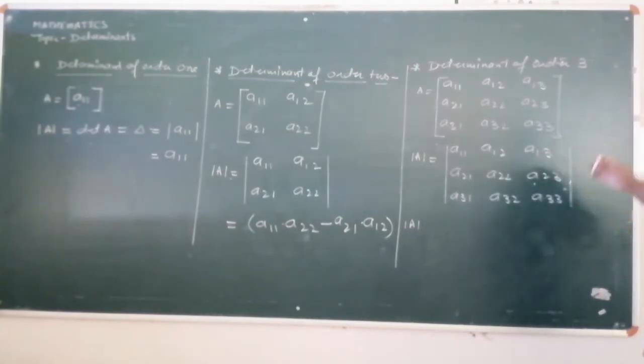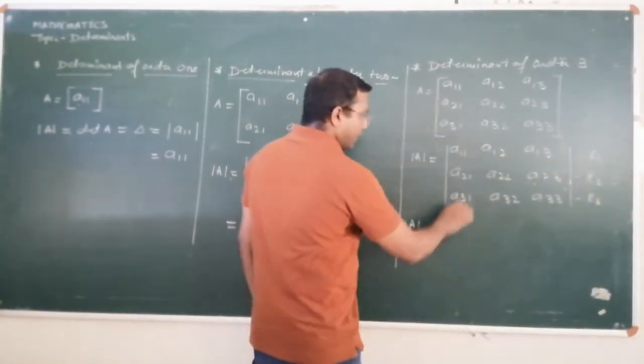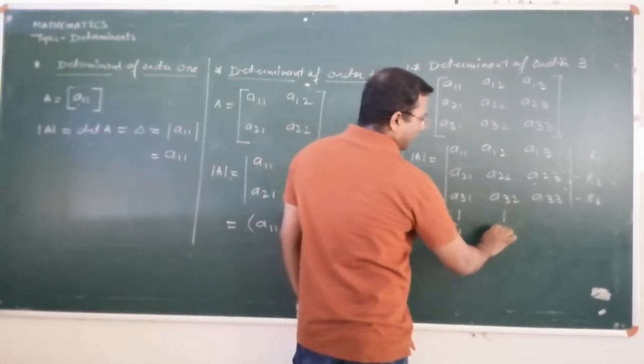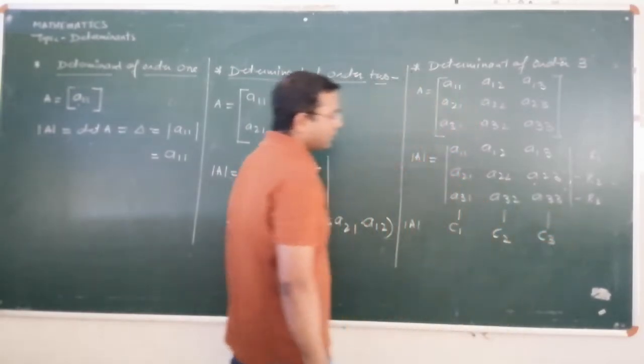Like we can expand the determinant along row 1. This is the first row. We can also expand this along row R2, the second row, and similarly row R3. There are options we have. We can expand this along column C1, column C2 and column C3.